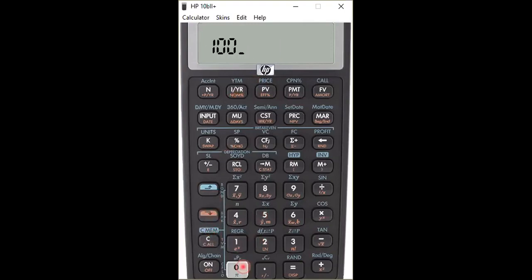Okay, it is. So we would say 10,000, that's our PV, 5 by 12 is our N, 4.8 divided by 12 is the interest, and then we would get our future value. Okay, so that's how you would do that. So you always make sure to check that your calculator is on 1 PYR.